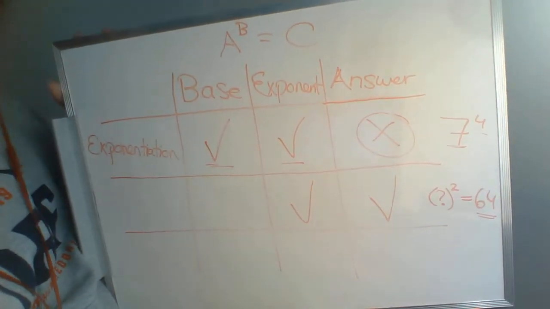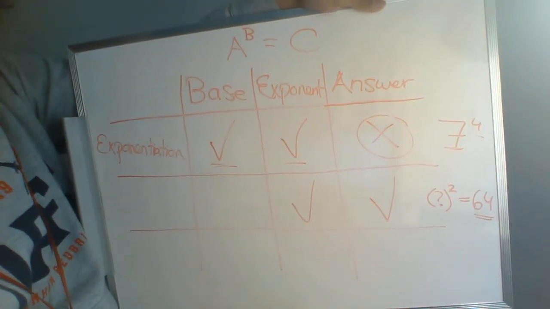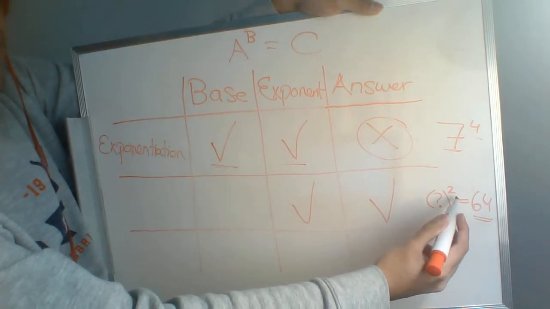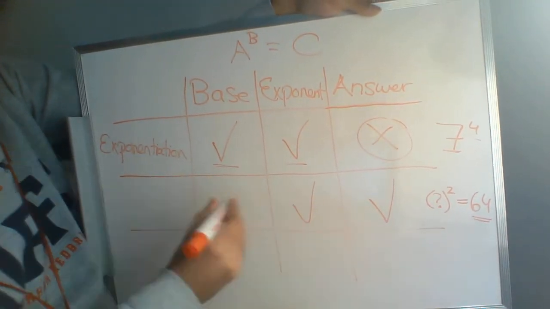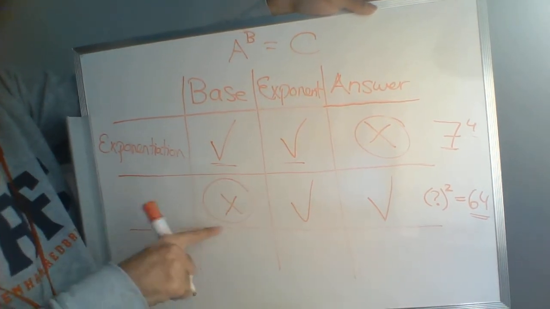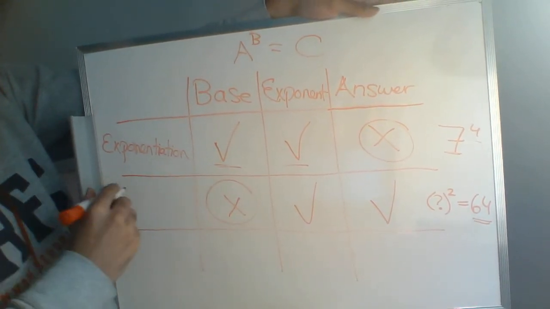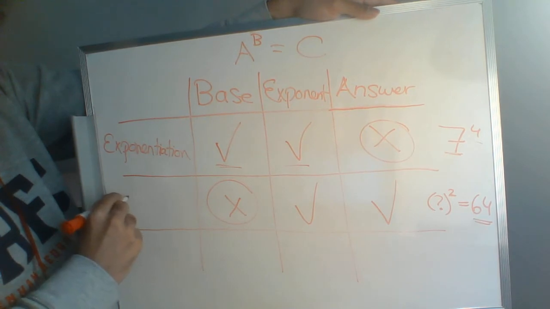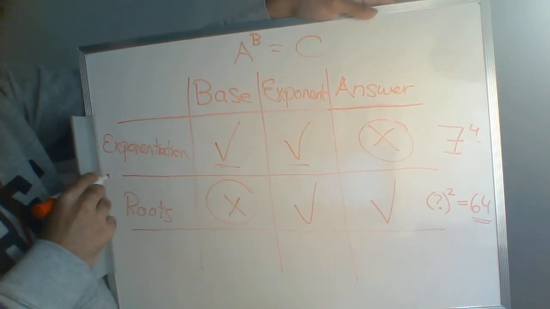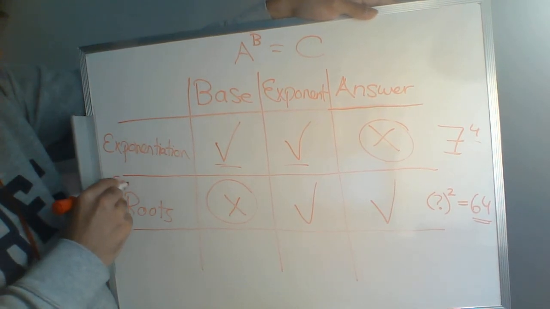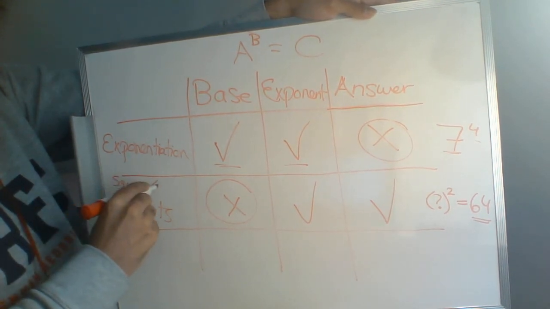We only really dealt with it when the exponent was 2, sometimes 3, but generally you were given the answer and you were given the exponent, and you had to figure out what the base was. So that was the thing that was not given to you, and that was, I'll just call it roots here, because I'll use the same terminology that we've been using so far, like square roots and cube roots, right?